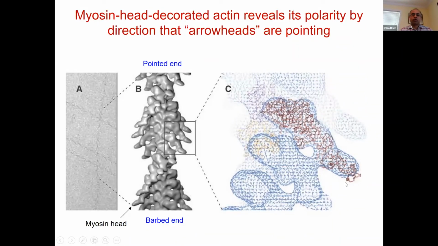This is the origin of the pointed end and barbed end, right? There's what looks like the pointed end of the arrowhead and the barbed end of the arrowhead. Remember, from the molecular perspective, the pointed end is where the ATP binding site is in the G-actin subunit, and the opposite end is the barbed end, or will be facing the barbed end.